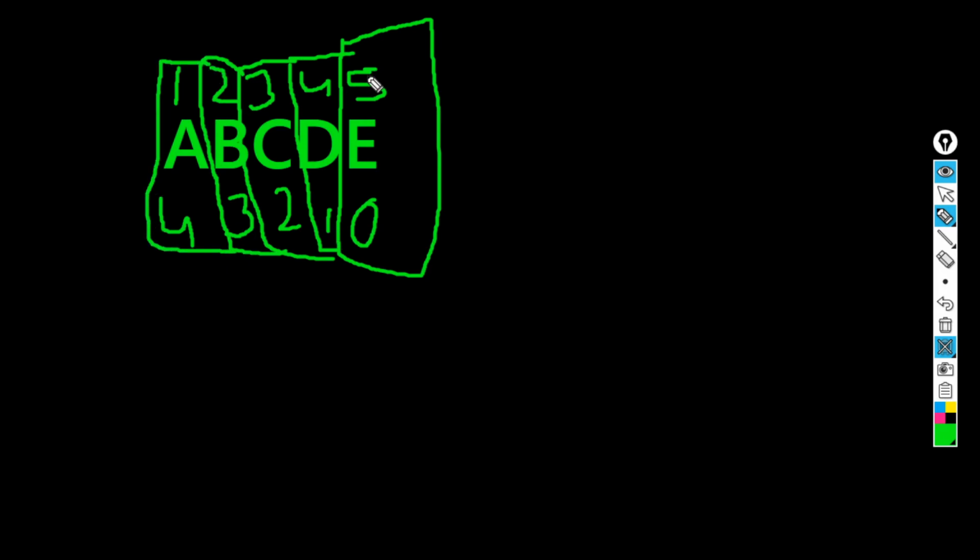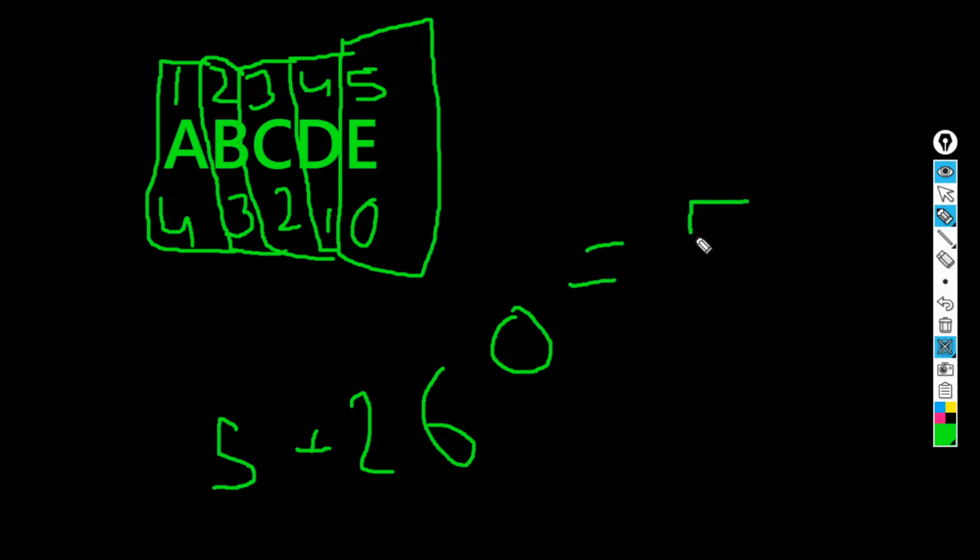So first of all, with 5 and 0, we take 26 to the power 0 and the value. Our answer comes to 5, so 5 is our value up to this index.